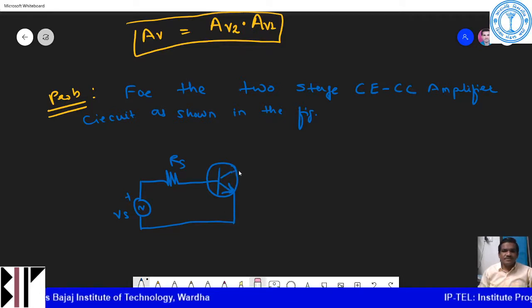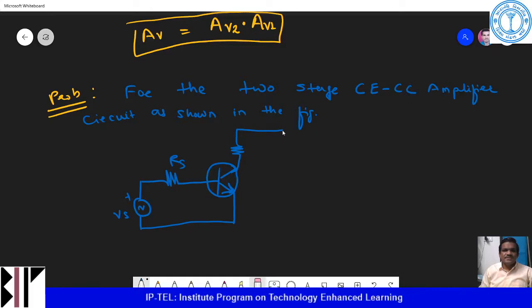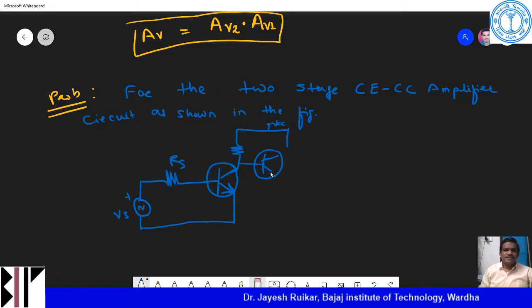Now here I will draw one collector resistance, then VCC, and then I will draw another transistor. This is the second transistor I am drawing.